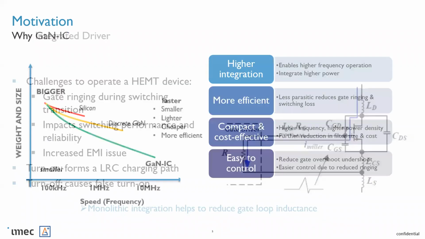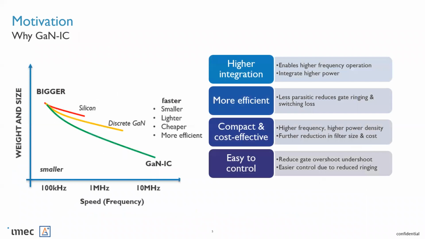Besides that, of course, if we go for the GaN IC, it enables higher frequency operation, because it can integrate higher power, and with more power integration it is faster, enabling high switching frequency. Because of that, it also calls for a compact and cost-effective design, because the higher the frequency is, the higher the power density is.